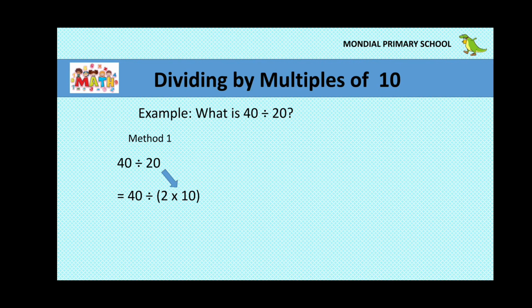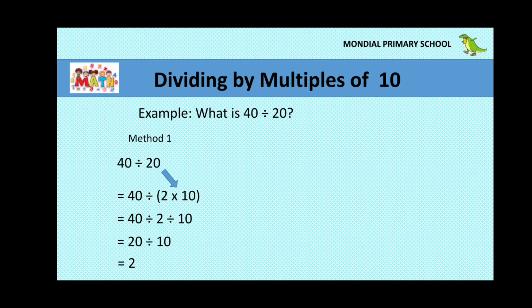Then, we divide 40 by 2. What is 40 divided by 2? It's 20. Great. Next is the time to divide it by 10, and that will give us 2.